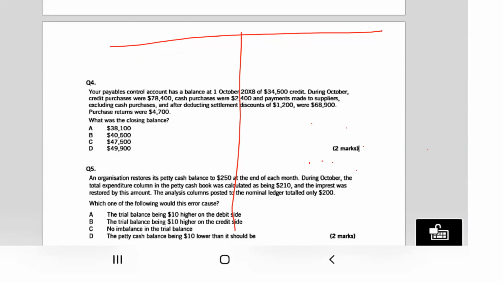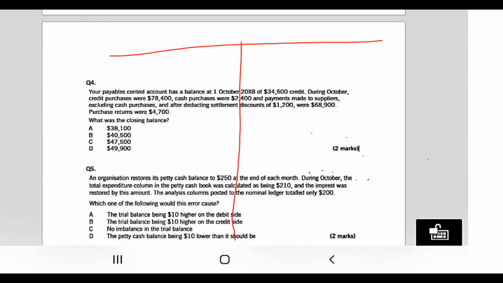Okay. The easiest way of looking at the control accounts, the payables control account and the receivables control account, is like this. Let me start from the payables. You owe people, okay? They give you the credit balance.